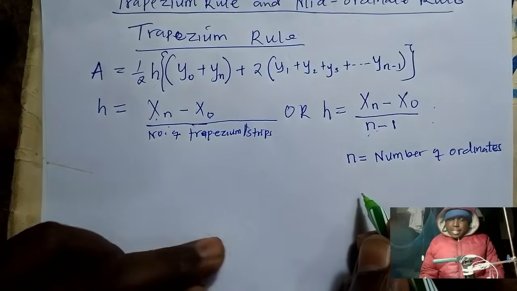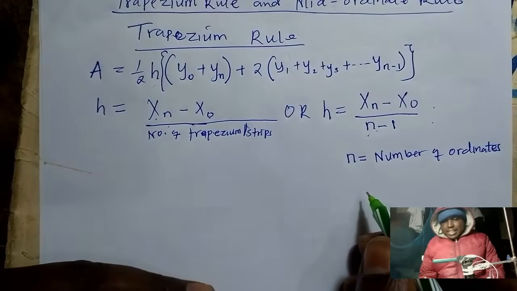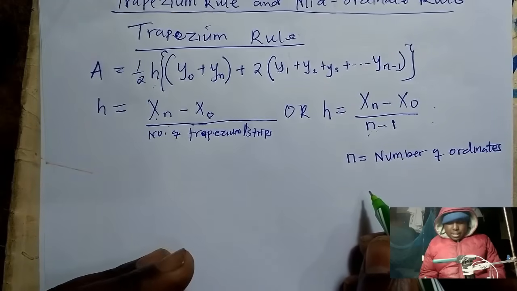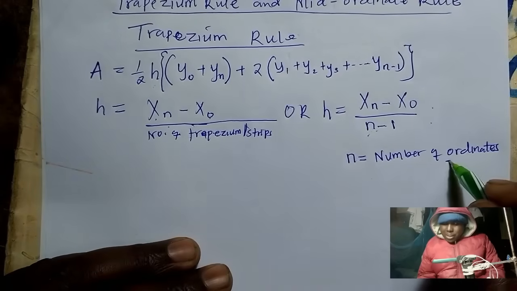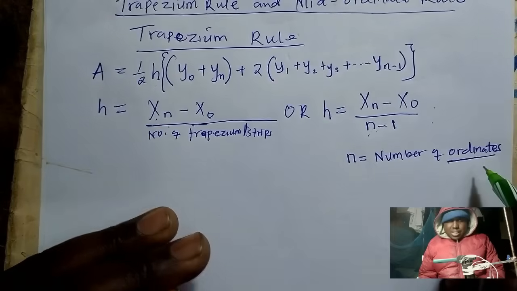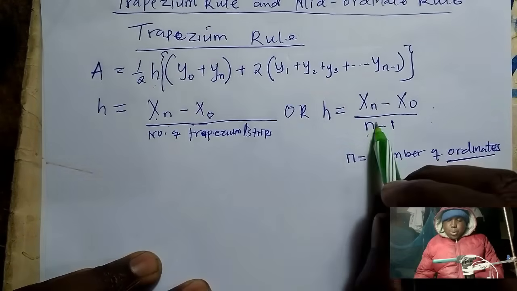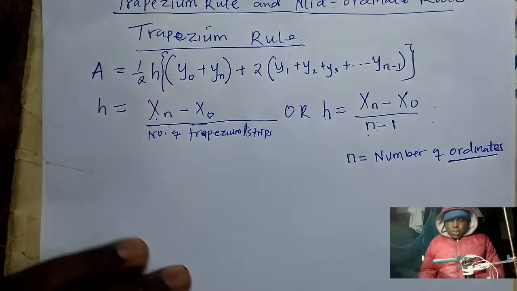When you are given, use 5 ordinates to estimate, whenever you see the word ordinates, 5 ordinates, 6 ordinates, then you should be able to use this formula to get the value of h. So let us look at an example.